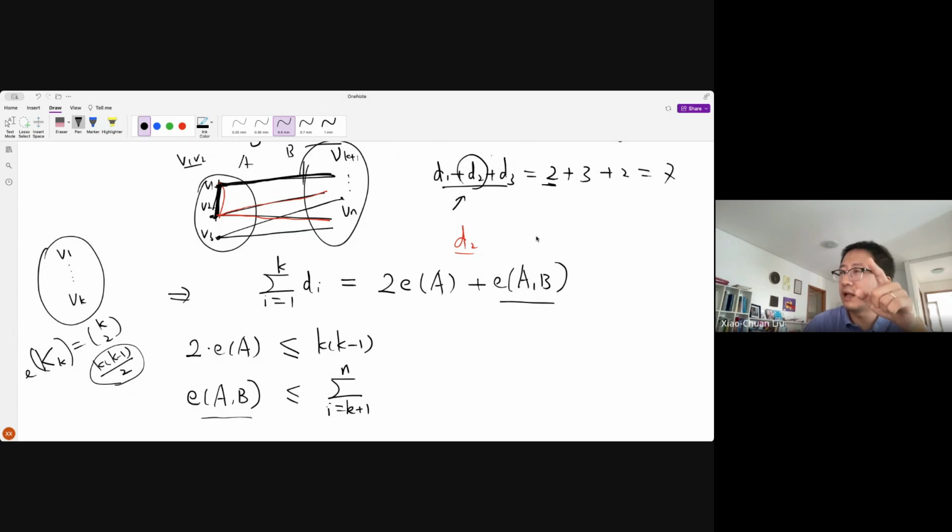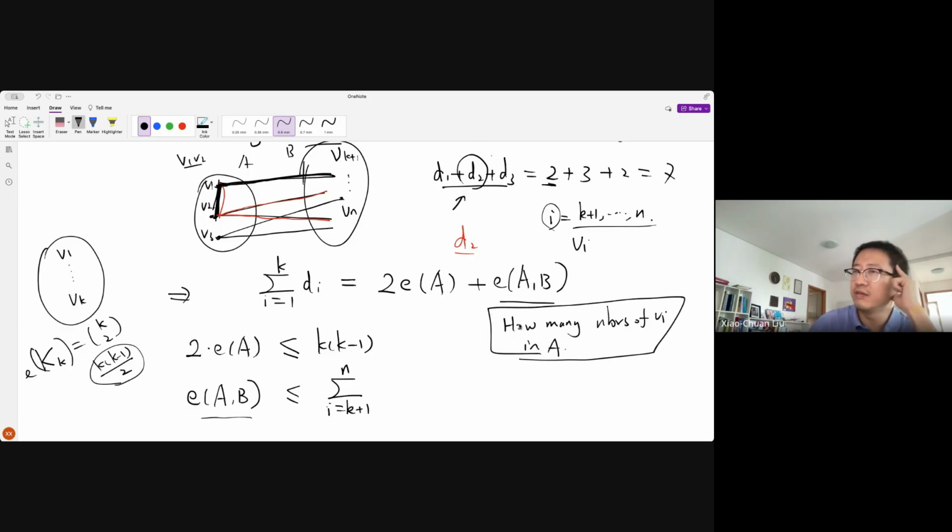If I fix i, let's look at Vi. The question is, how many edges does Vi join to a vertex of A? Let's call them the neighbors of Vi in A. So vertex Vi has how many neighbors in A?